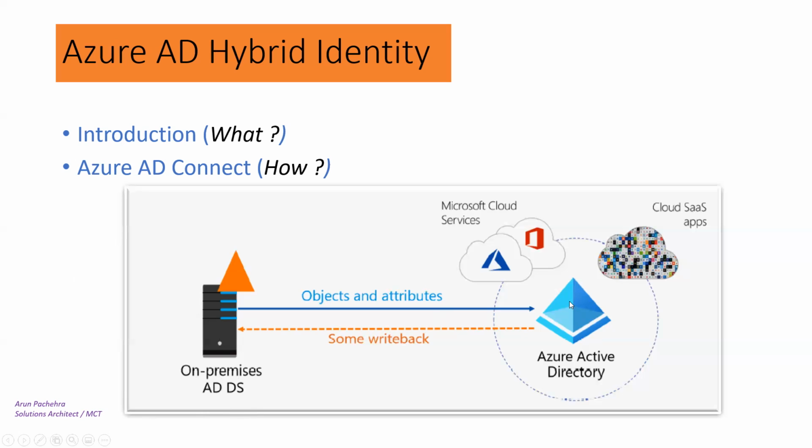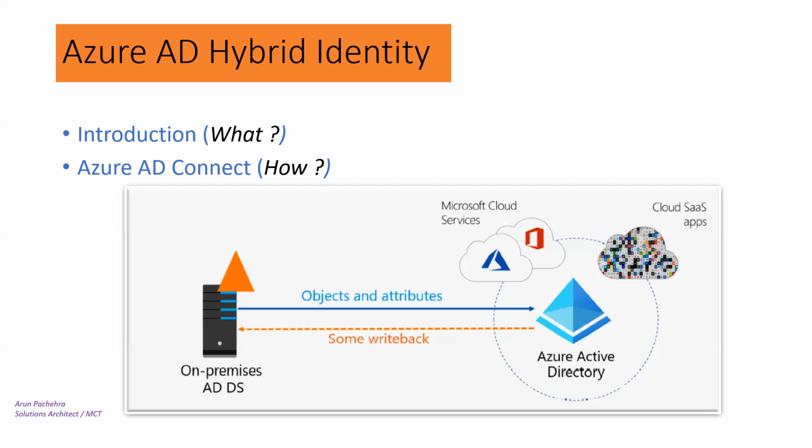So the only objects that can be synced are user, group, and contact objects. For example, computer objects or shared folder objects in on-prem ADDS are not synchronized to Azure AD. We can also configure the scope of synchronization based on domains, OUs, group membership, or attribute values. We'll see that.